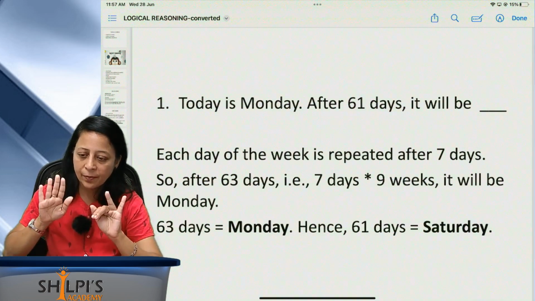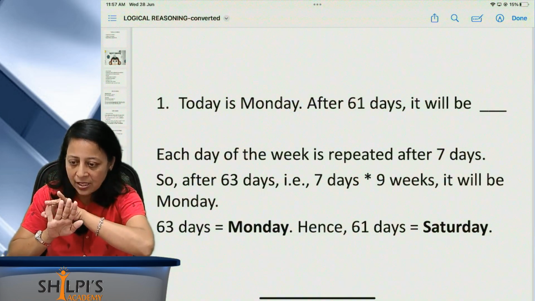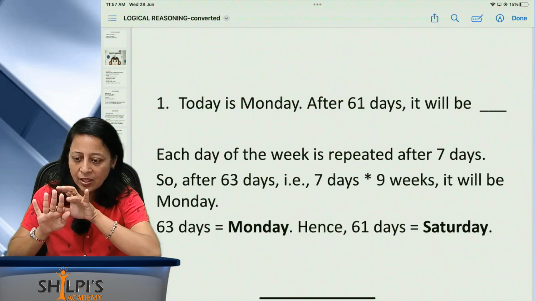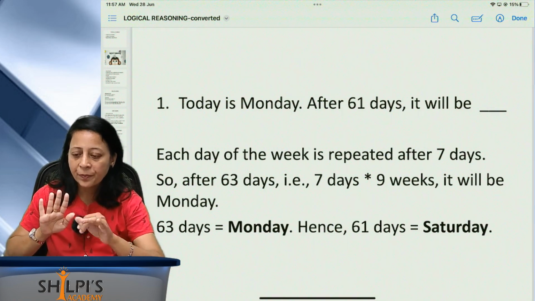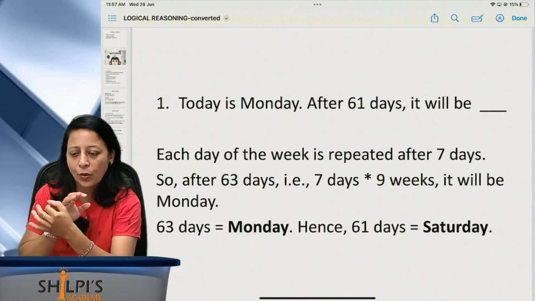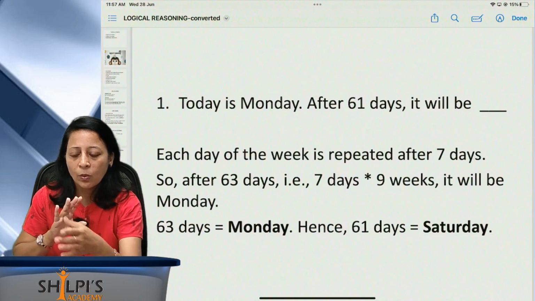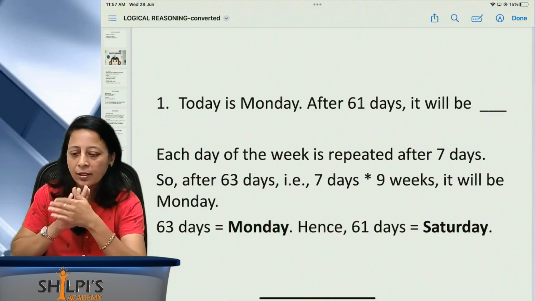The 7 days are over, so next it again starts with 8, 9, 10, 11, 12, 13, 14. It means that the Mondays will be at the multiples of 7, right? A week gets over by 7, again it starts with the next 7, and it goes on like that.